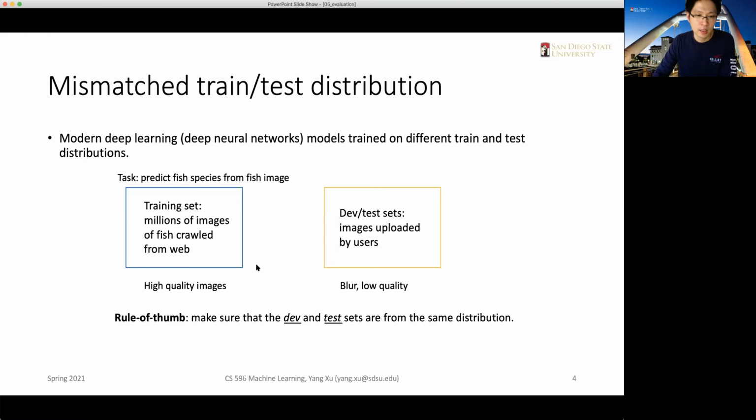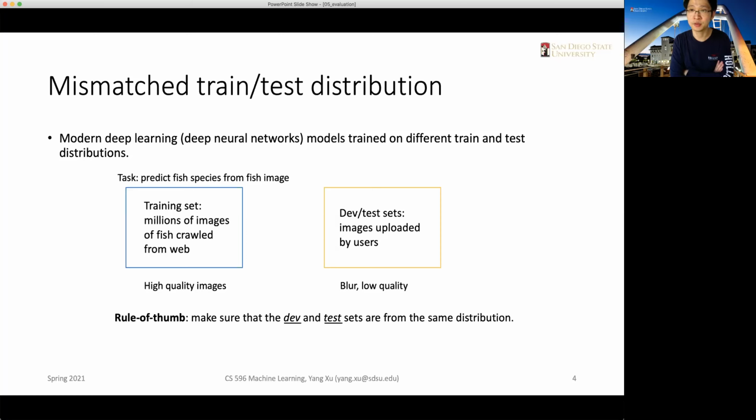So facing this uncertainty in data, the best practice is to make sure that the dev sets are as close to test sets as possible.